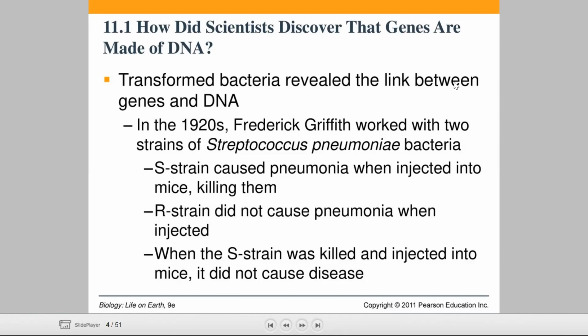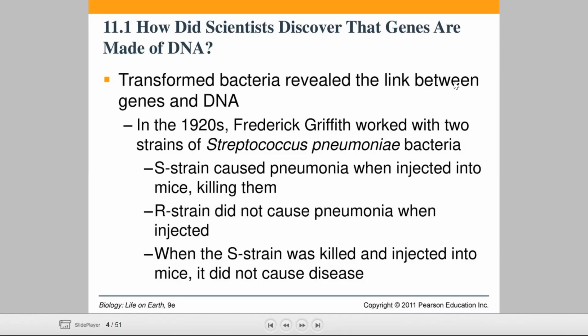Now, what happened when we killed the S strain? For example, we heat up the bacteria colony and then we inject it into the mice. When we kill the bacteria, it becomes inactivated, so it cannot cause disease anymore.